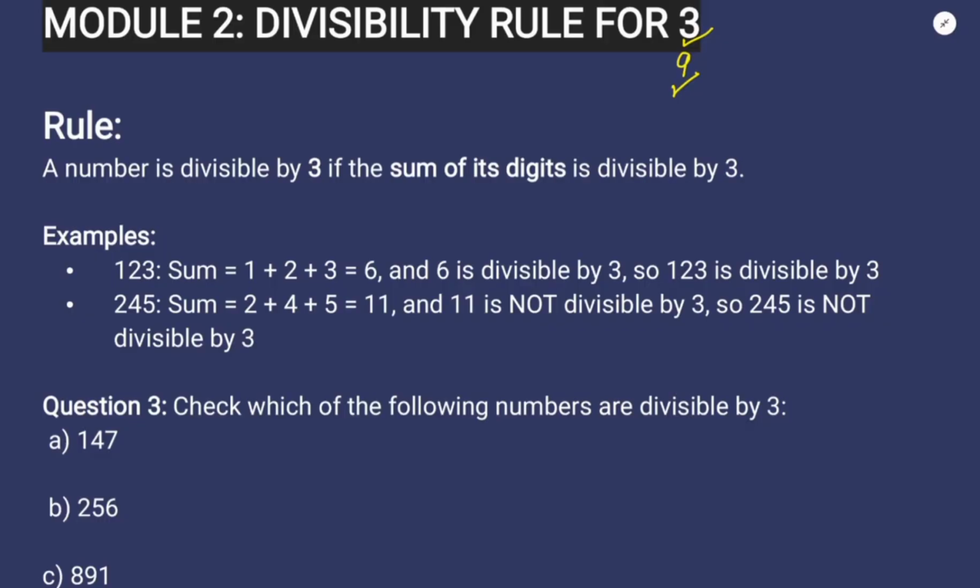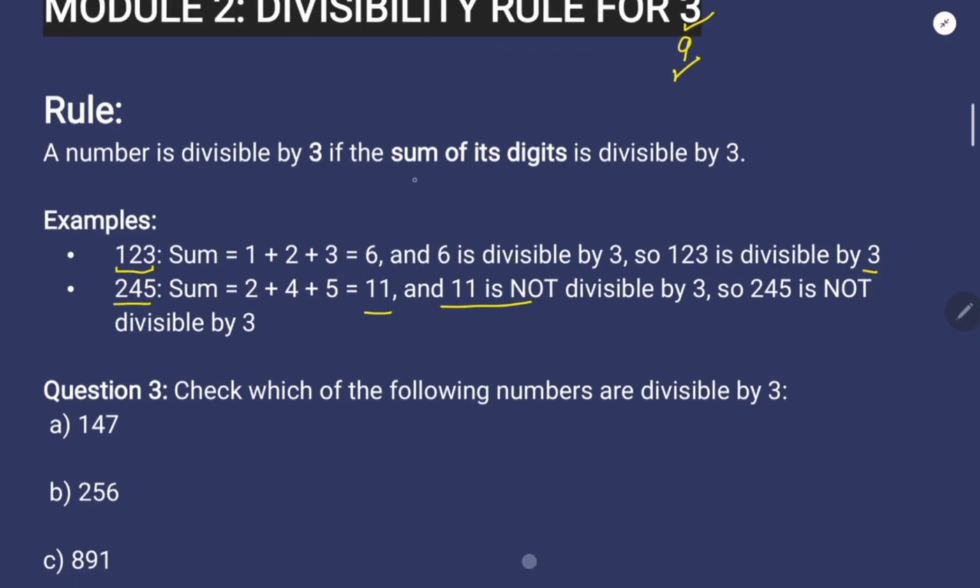Sum means you add all the digits and then you check whether whatever you got is divisible by 3 or not. If you see that number is divisible, you will say yes, this whole number is divisible by 3. And if it is not, you will say this number is not divisible by 3. So you need to find the sum of its digits.